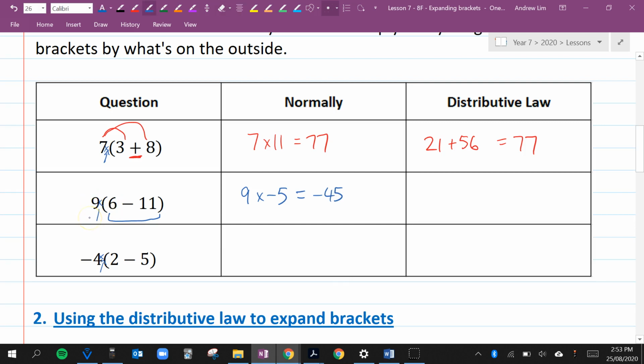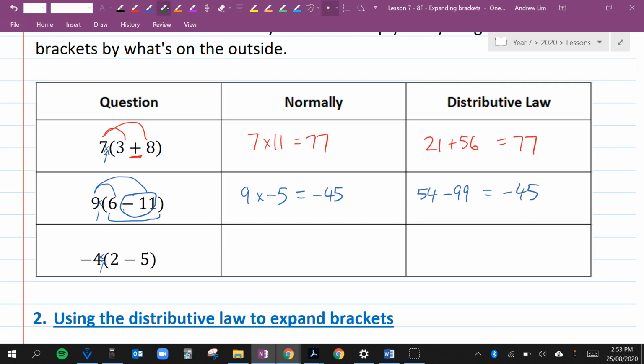But according to the distributive law, we can also multiply everything on the inside by what's on the outside. 9 times 6 is 54. 9 times minus 11 is minus 99. And 54 minus 99 is negative 45. We get the same answer.